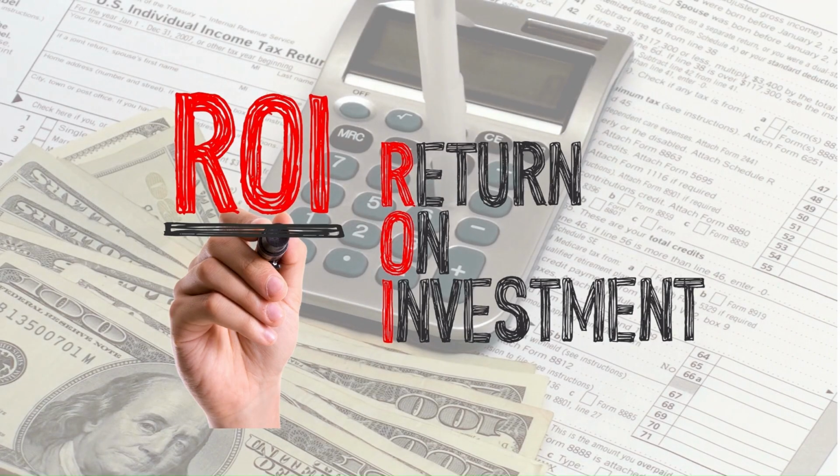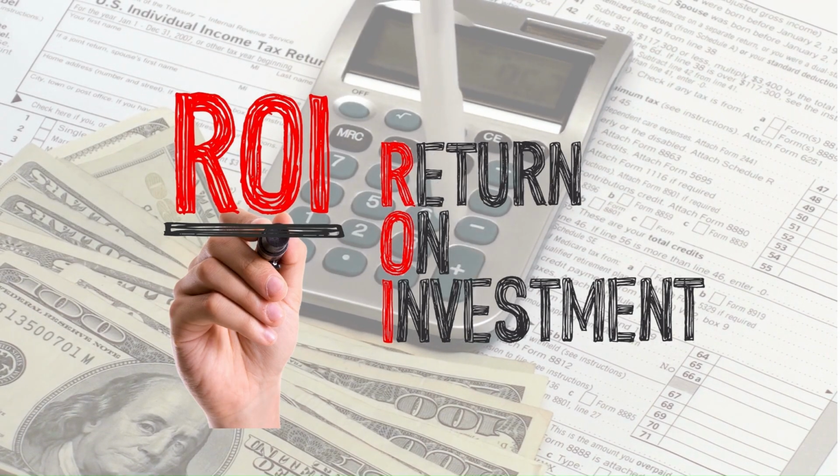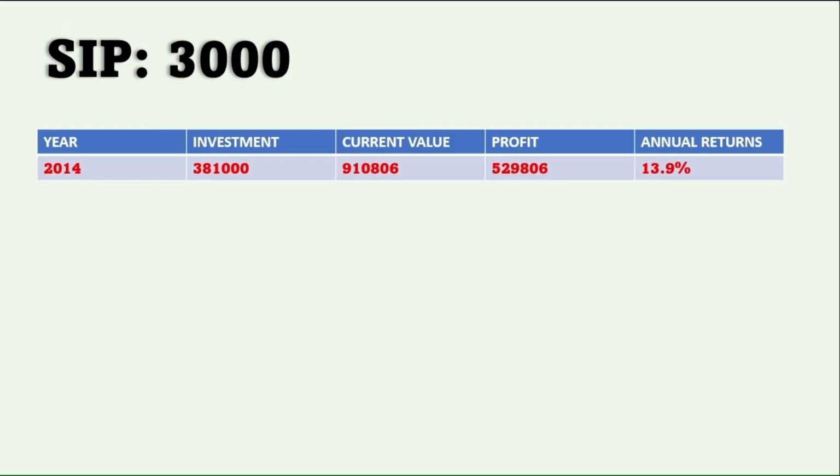Alright, now it's time to look at the returns that were made over the past 10 years. Imagine if we started investing 3000 every month from year 2014, your total investment would be 3,81,000. With an annual return of 13.9%, the current value would be 9,10,806 rupees and you would be making a profit of 5,29,806 rupees.